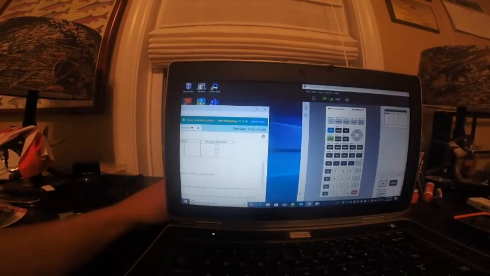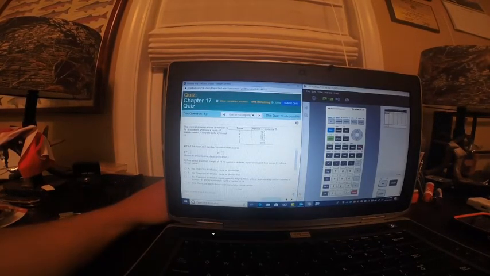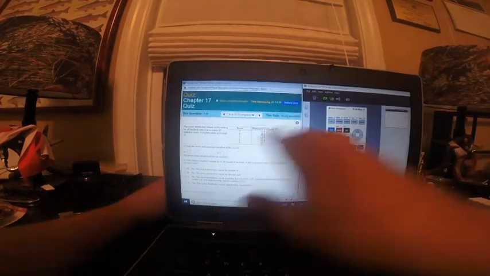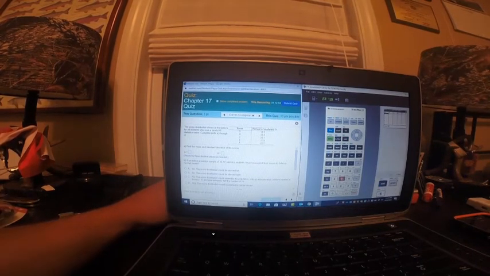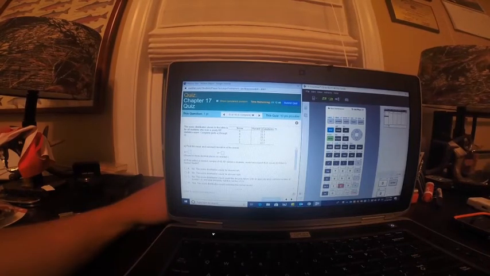So I'm going to pull this over to the right, let the calculator work here. So I'll start from a blank screen. I'm going to type both of these lists into my lists on the calculator. So stat, edit, and I'm going to be in my list. So I'm going to type 5, 4, 3, 2, 1. Okay.